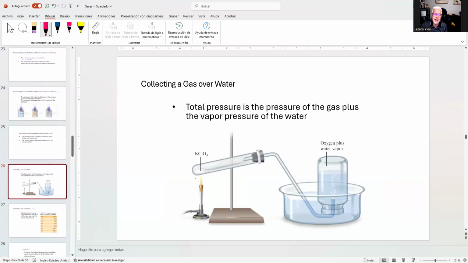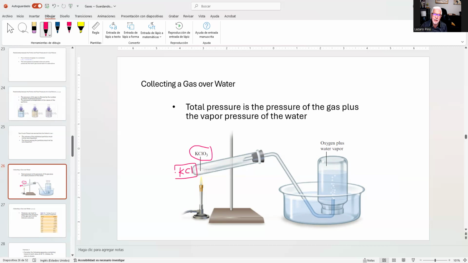So let's collect a gas over water. Well, in this case, we are using potassium chlorate. When we heat potassium chlorate, it is decomposed into potassium chloride that remains here.